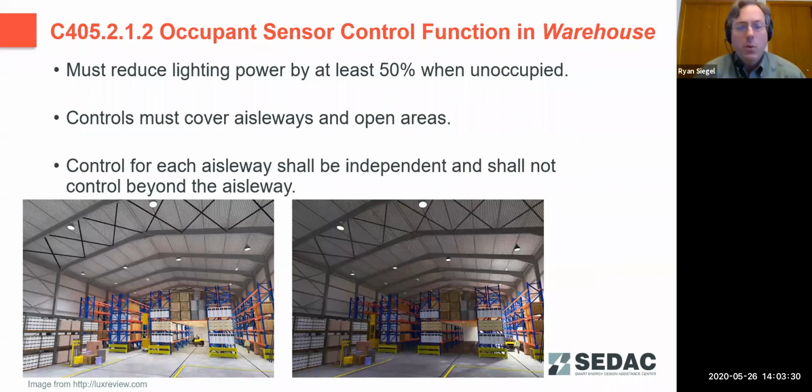Starting with the warehouses, here we have a 50% reduction that has to be achieved, at least 50%, 100% is acceptable. We also need to control aisleways separate from the open areas and not overlap. So in this depiction, if we have someone in the row on the right, we don't necessarily need the aisle lights in the other rows to be on for that person to properly pick their order.